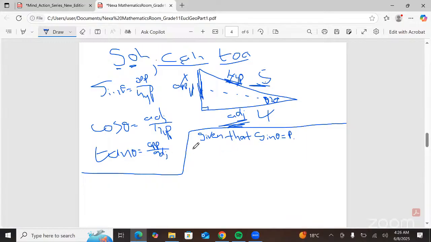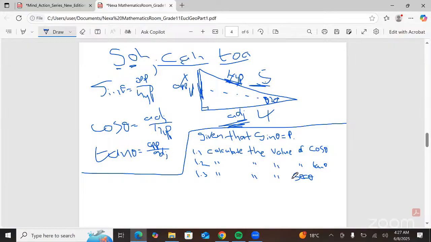Now 1.1 is saying to you, calculate the value of cos theta. 1.2, calculate the value of tan theta. 1.3, calculate the value of sec theta.